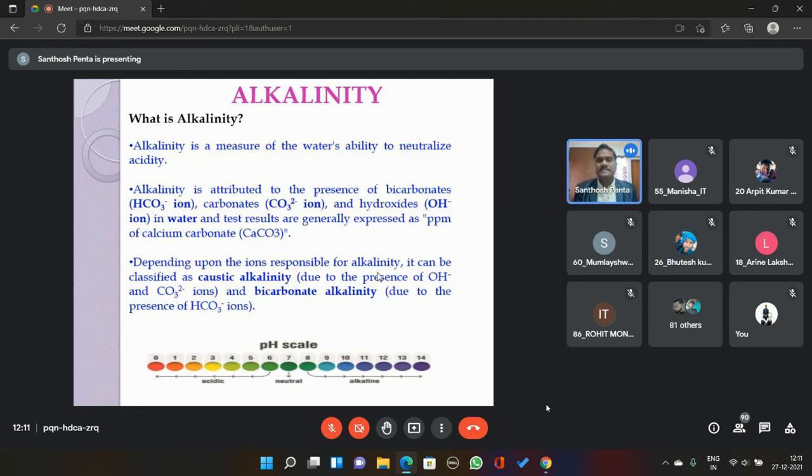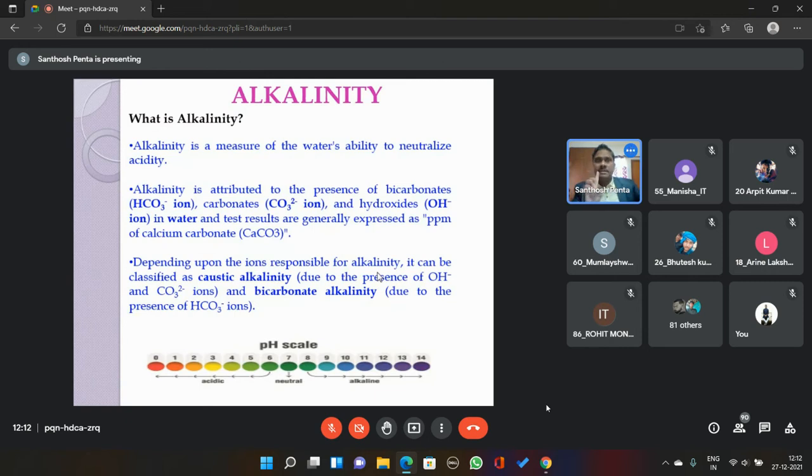Once again, the definition of alkalinity is the capacity of water to neutralize the acid. Alkalinity is of two types: caustic alkalinity, due to hydroxide and carbonate, and temporary alkalinity, due to bicarbonate. Overall, three types of ions are responsible for the alkalinity.